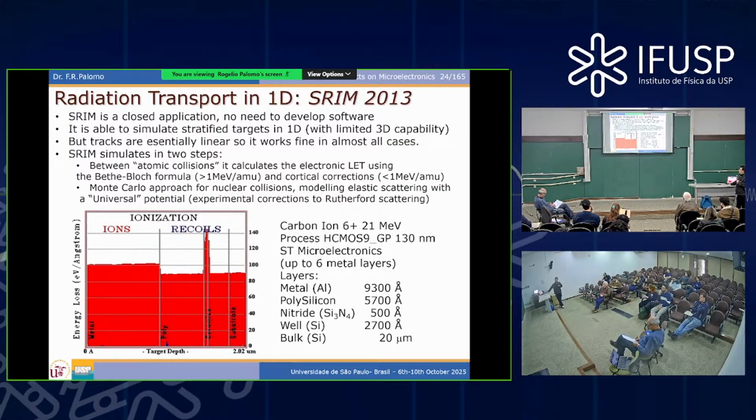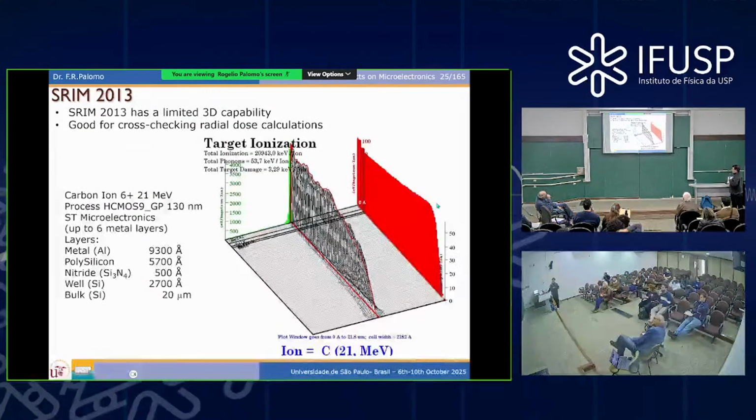You go to the information from the foundry, and if you are lucky enough, and if you have paid for that information, then you have the knowledge of the thicknesses. You design several layer models, and then you run a lot of SRIM simulations to know more or less how much energy is deposited in the bulk. It's a Monte Carlo. That's a three-dimensional view of the same calculation.